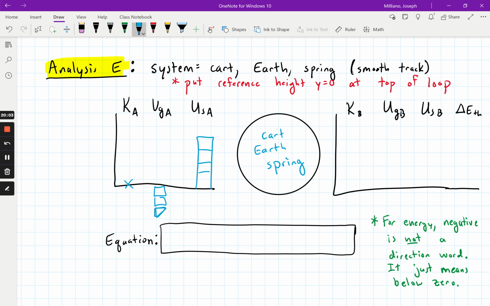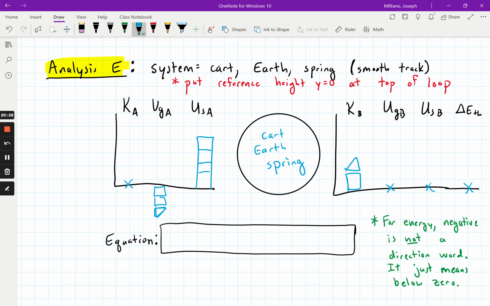And then the spring launches the cart, it goes around the loop. At snapshot B, the cart has the same 1.5 blocks of kinetic energy that it's always had. It's now at the reference height, and so now its gravitational potential energy is 0. The spring potential energy also 0, and we're back to a smooth track.